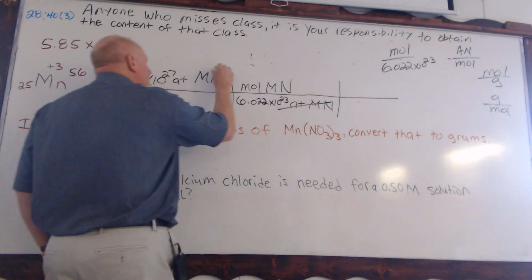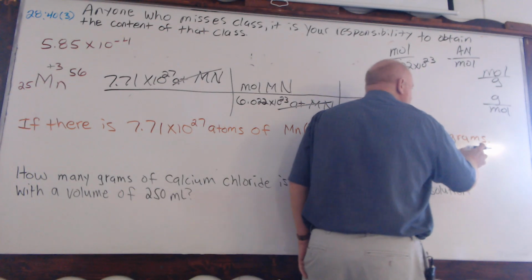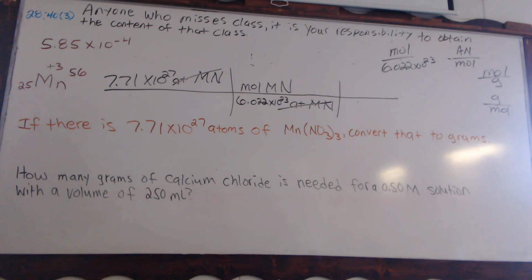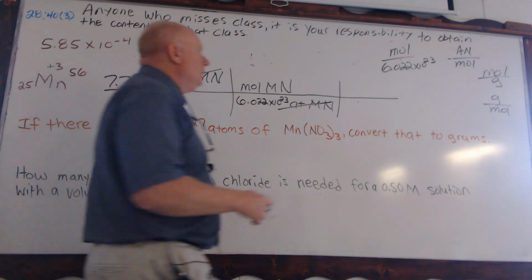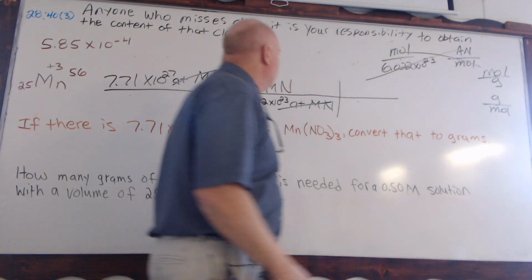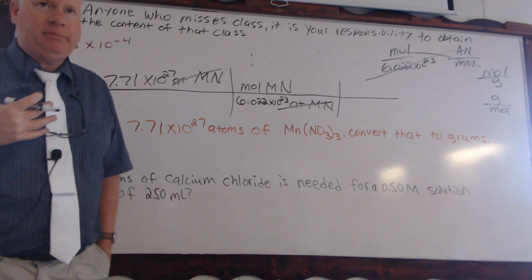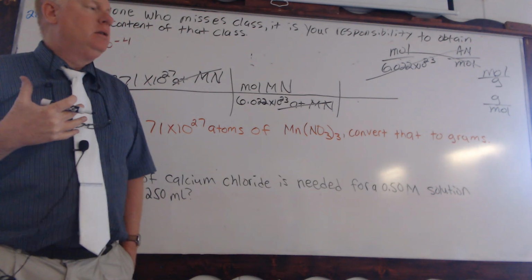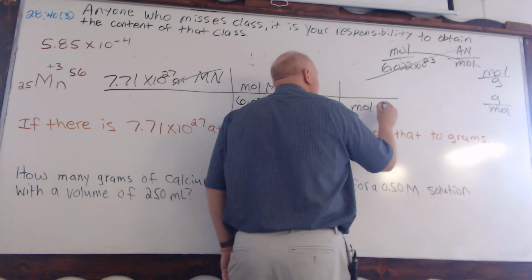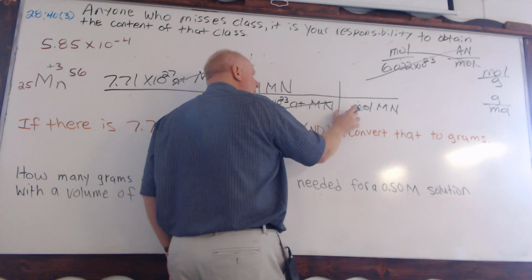That's not answering our question, because it's looking for this in grams. Now we're on the home stretch. So what is our next conversion factor? We've used these. So if moles is on top, how do we get that to cancel in our next step? We need to put moles on the bottom. Moles of manganese nitrate. I suppose I did put that there.